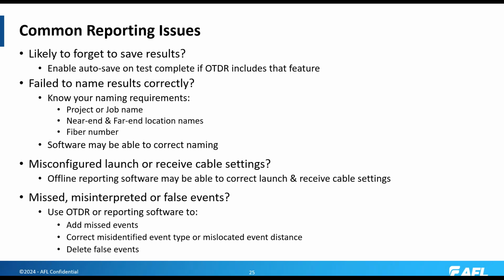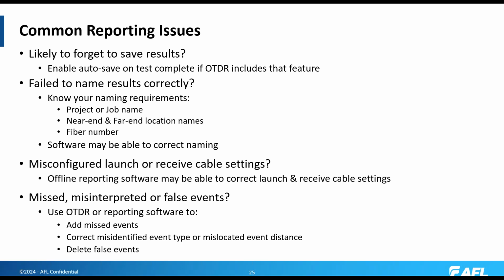And then, as I said, every time you save a result, that fiber number will automatically increment. And your offline reporting software may be able to correct your naming, so you don't have to go out and repeat the tests if you save them incorrectly. But it's going to be a whole lot easier for you to name them correctly to begin with.